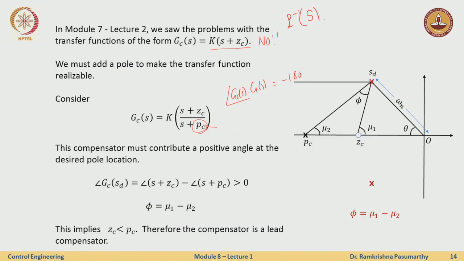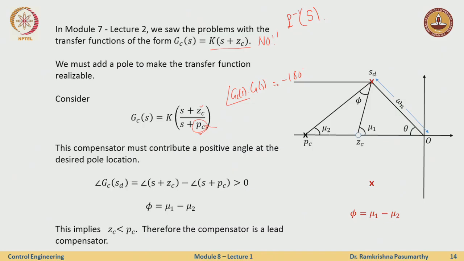This is my SD, mu1 is the contribution of ZC, mu2 is the contribution of PC. So this GC will now have an angle contribution because of the 0 and because of the pole, and the total should satisfy this condition.